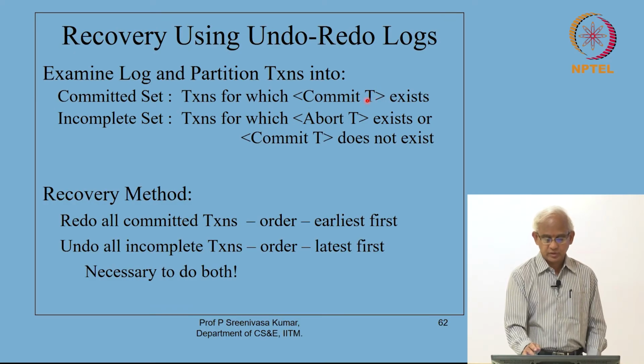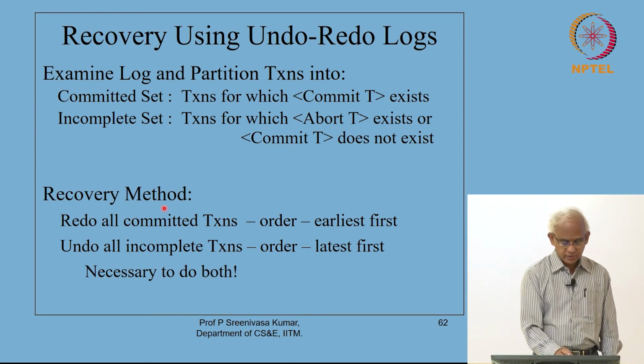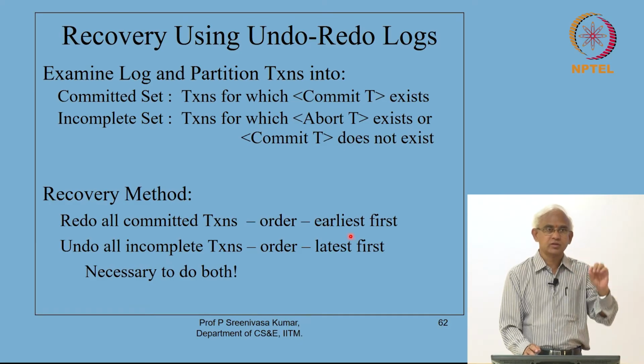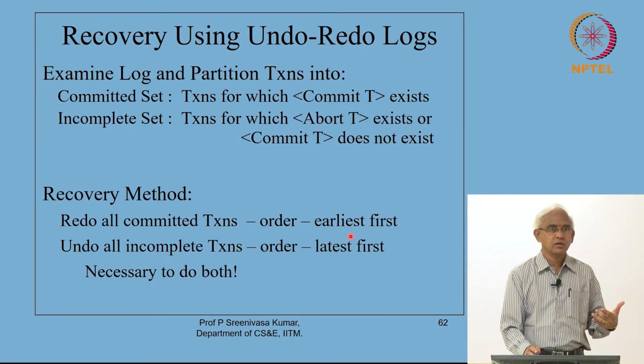So everything depends on whether the commit T exists in the log or not. And the recovery method is to redo all the committed transactions in the order earliest first in the log. For every transaction, we can look at all its operations in either direction, because we have the entire log with us.